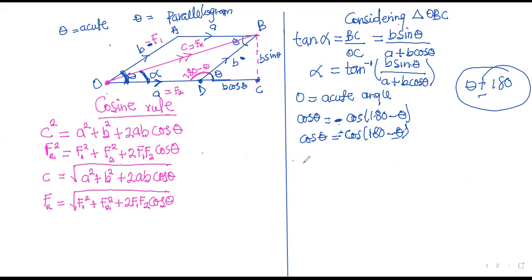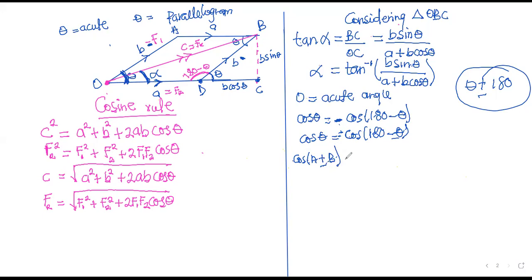If you have a compound angle, and I'm giving you an illustration, cos of A plus or minus B, meaning that it can be plus or minus.